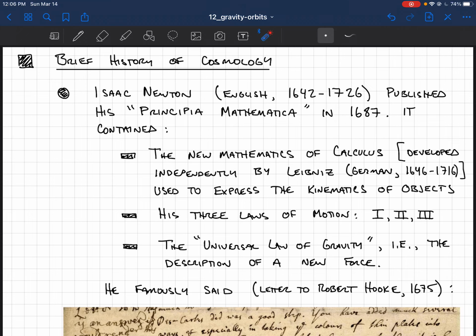And the things that were in this work were, of course, the discovery of calculus, which we've already talked about, is the math that was needed to express the kinematics of objects. Calculus was also independently discovered by Leibniz, a German mathematician, and they had sort of a rivalry during their lives.